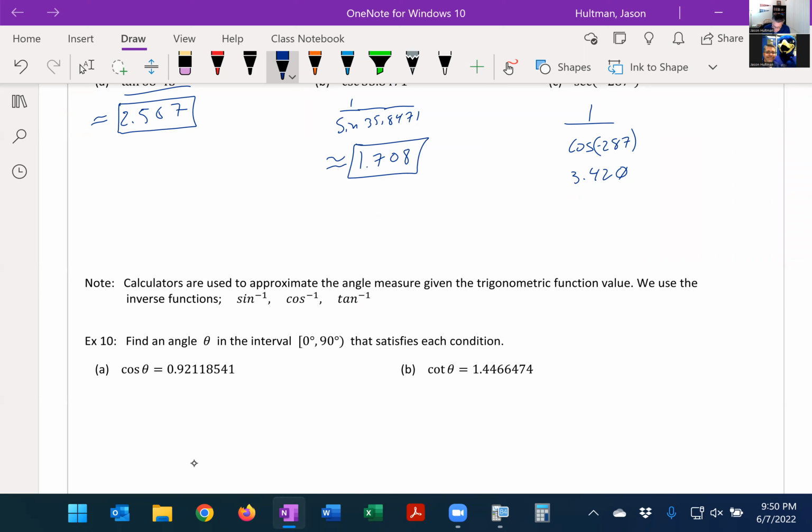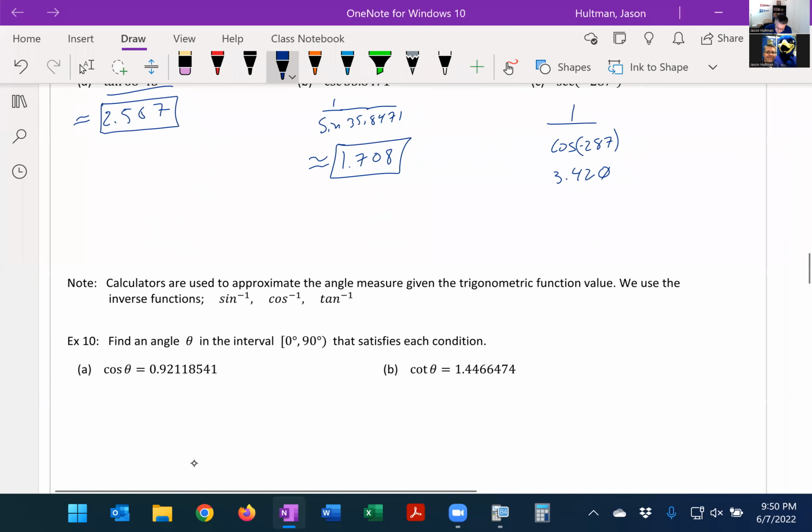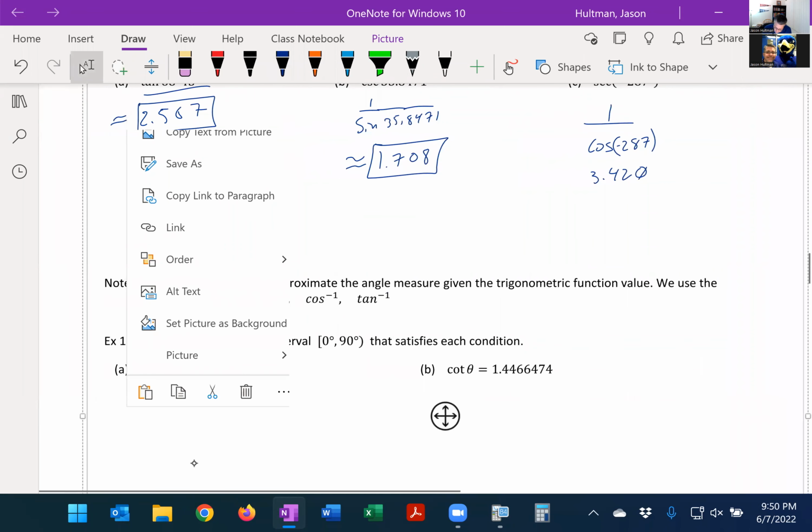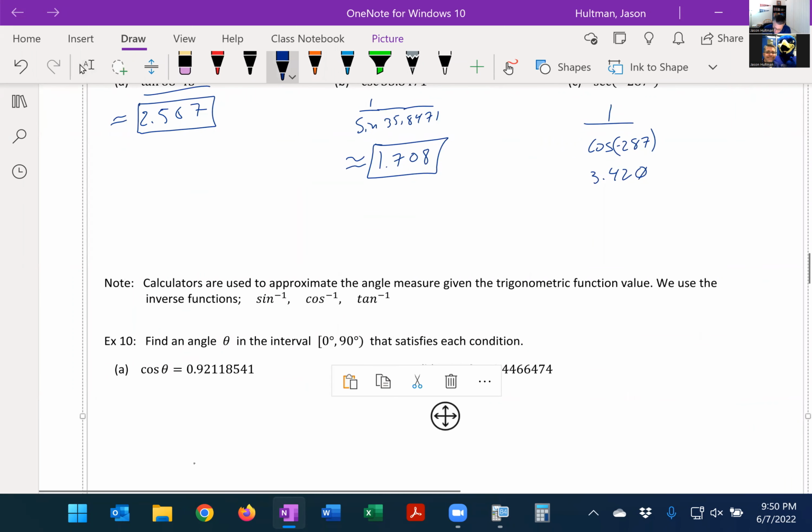So just in the first quadrant, for the cosine of theta, we want to say what angle produces a cosine that is 0.92118541? What angle produces that?